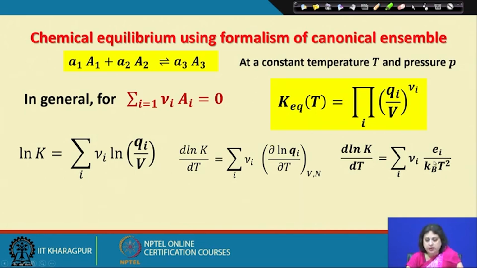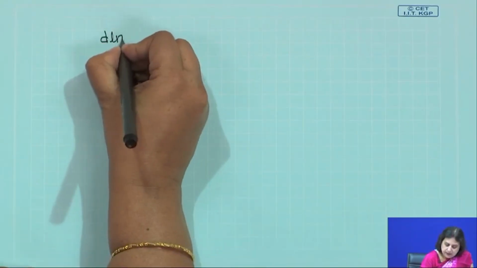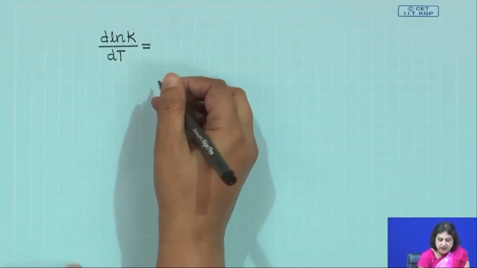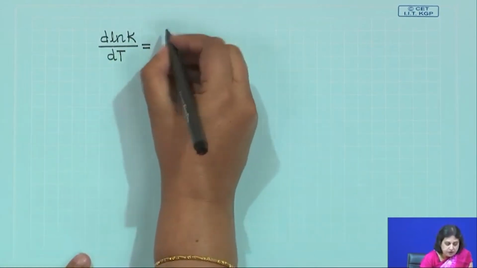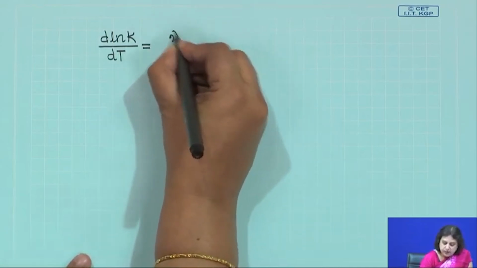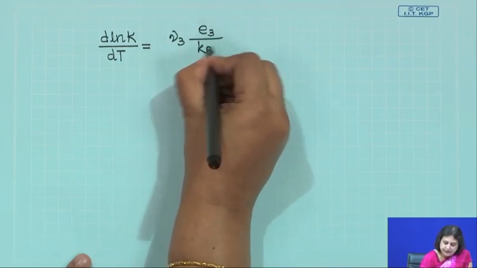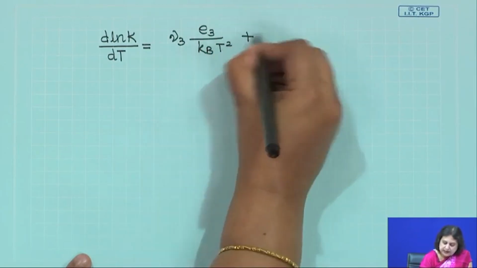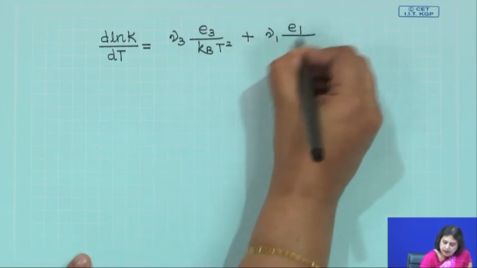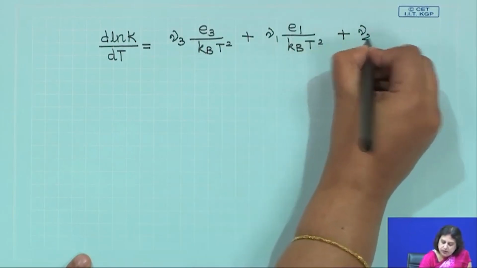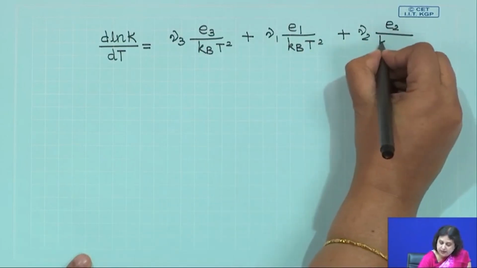Now, what is this quantity? For the given chemical reaction, if I write down explicitly what d ln K/dT turns out to be, I have first for i equal to 3, that is nu_3 E_3 by k_B T squared, plus nu_1 E_1 by k_B T squared, plus nu_2 E_2 by k_B T squared.